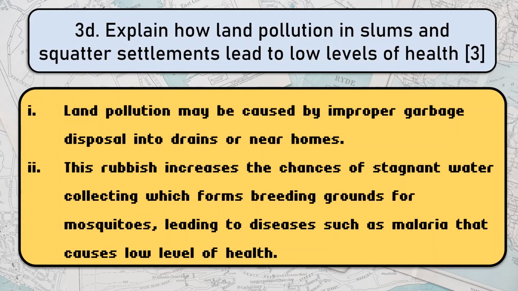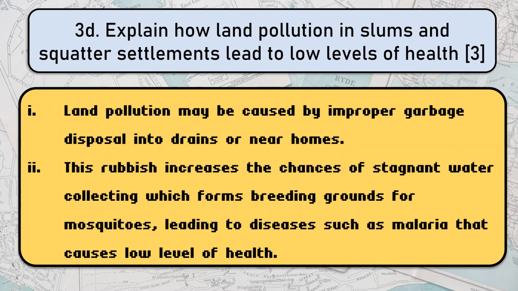So explain how land pollution in slums and squatter settlements leads to low levels of health. So in this series of questions, they're basically asking you to explain how the conditions within slum and squatter settlements actually affect the health of individuals living there.